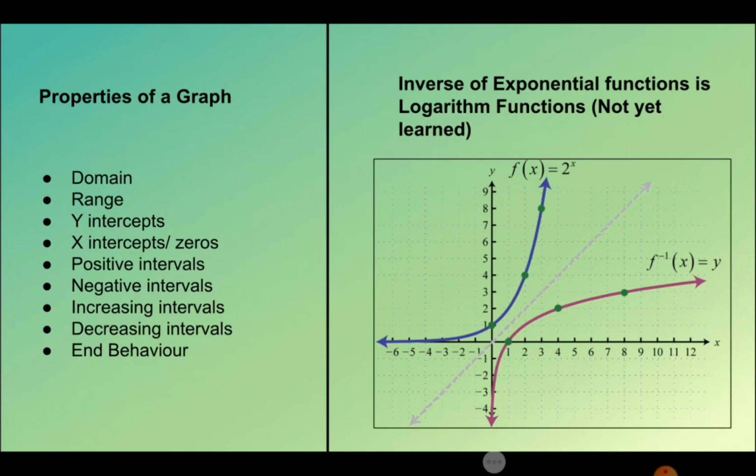We didn't completely learn the inverse of exponential functions, but we did graph them. So we saw a graph of an exponential function, and then we inverted the points, and we were able to graph it.